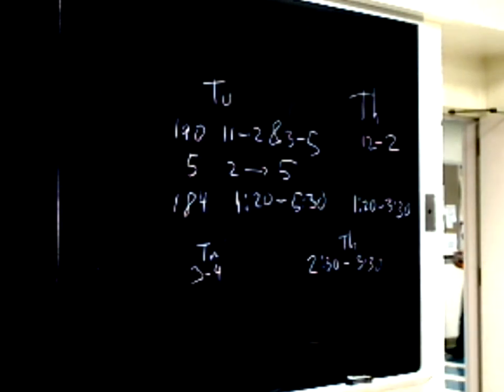Okay, so let me change it then. All right, so let me write this down again. 1:30 to 2:20, 184 Thursday, right? Okay. All right. It's 184 we decided, right? Yeah. Yes, okay. So that gives us this room.